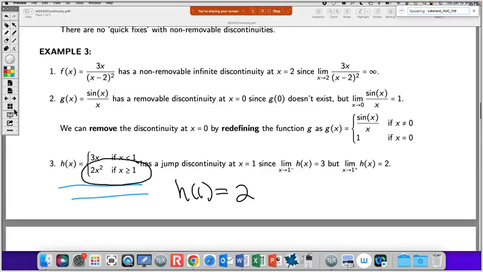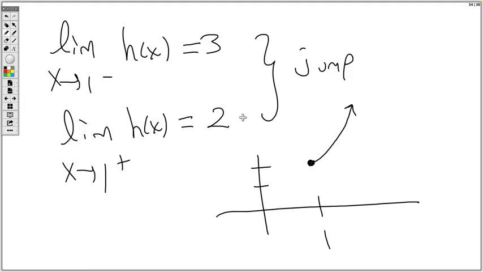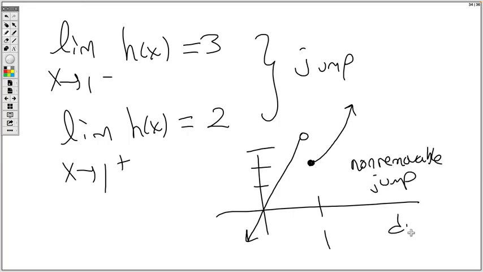But coming in from the left, the limit was 3. Okay, so we still have a non-removable jump discontinuity here.